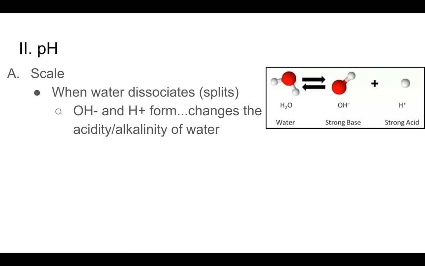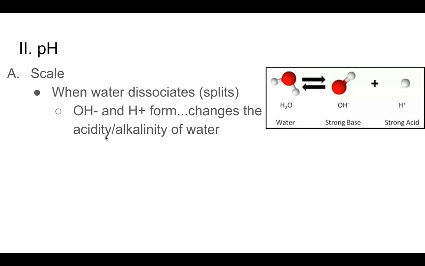And so we talk about this because when water breaks apart, it forms these hydroxide and hydrogen ions. And the amount of OHs and Hs in a solution can really affect whether that solution becomes acidic or basic, which another term for basic would be alkaline.